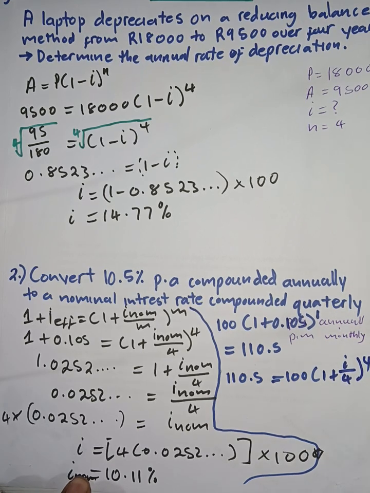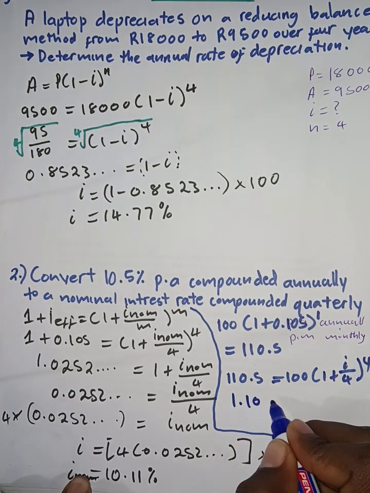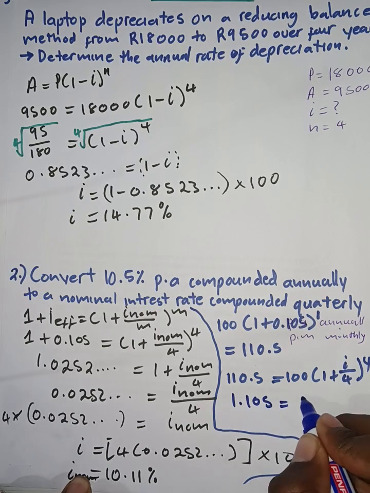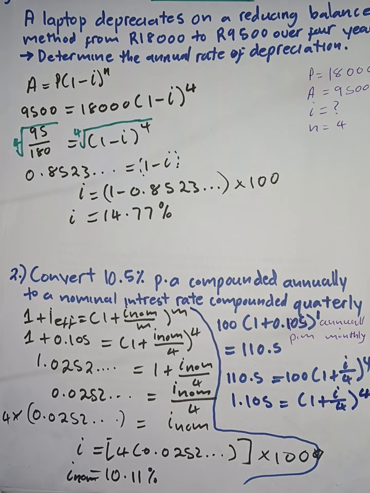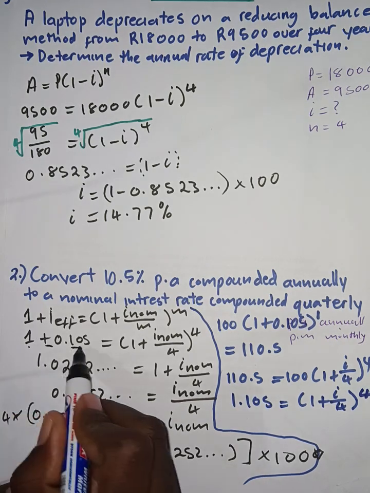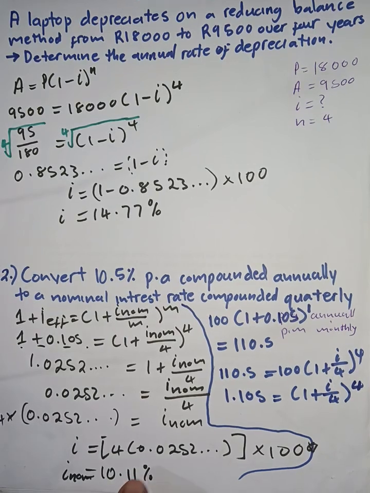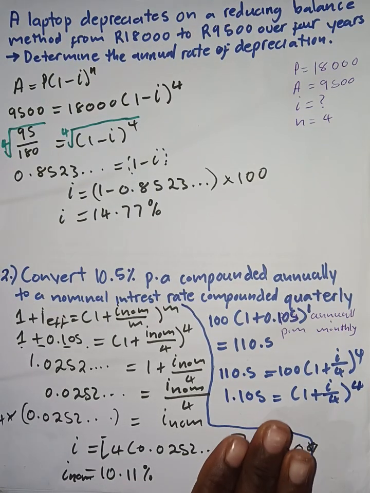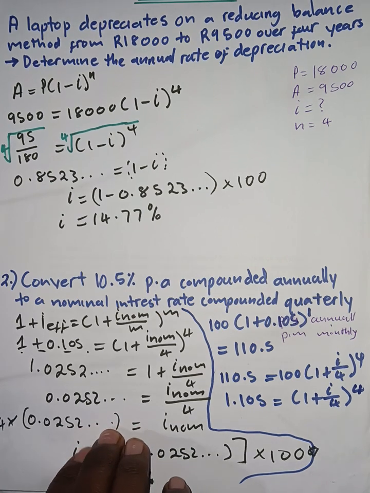The first step is to divide by 100 on both sides, so you would get 1.105 equal to 1 plus i over 4, to the power of 4. So you can see that you're actually back at that step right there. Again, you would do the same calculation, and you would still get the same answer. So that would be the second way that you can choose to do this.